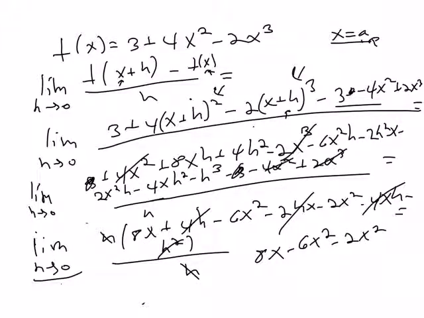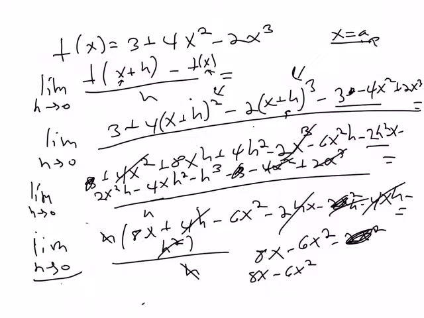Sorry, this shouldn't be here because there's an h, and this should also vanish. So I get 8x minus 6x squared. That is the solution. So let's write that down. f prime of x, meaning the function which always keeps track of the derivative, is 8x minus 6x squared.